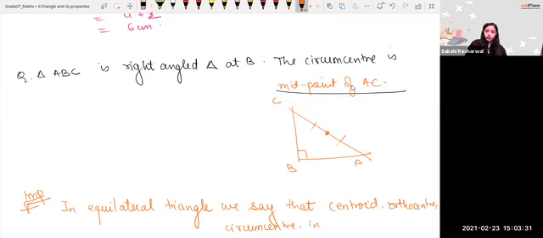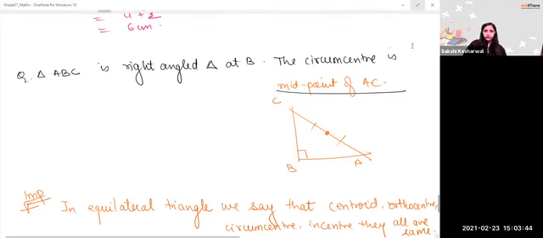They all are the same. That's it. Especially only in an equilateral triangle. So hopefully you have understood this very well, right?